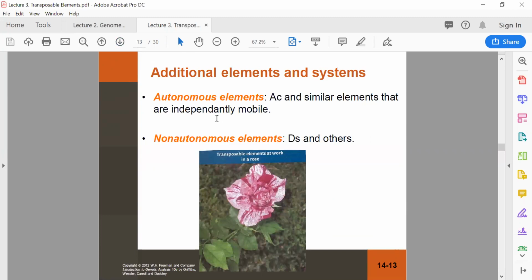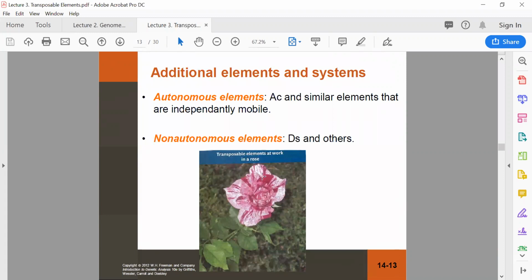So these elements are termed autonomous elements. Non-autonomous elements, such as the Ds element and others that were discovered that were very similar, obviously are not independently mobile. And we've got a nice example here of transposable elements at work in a rose.